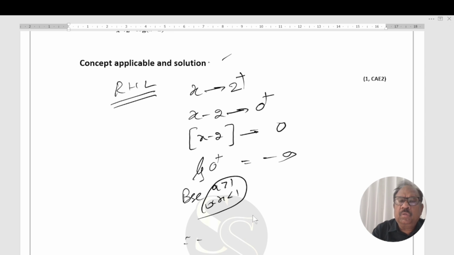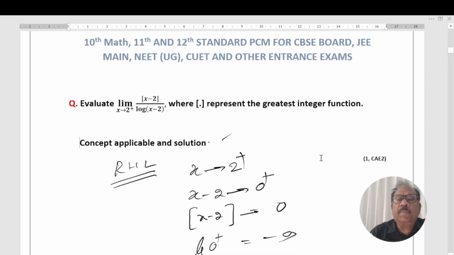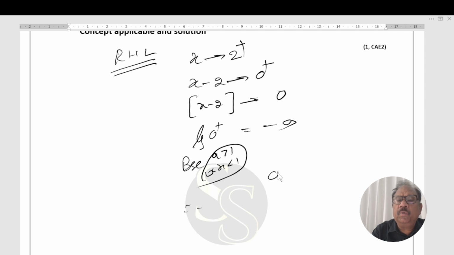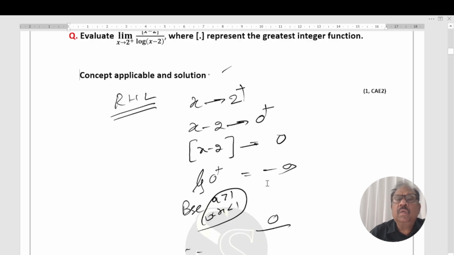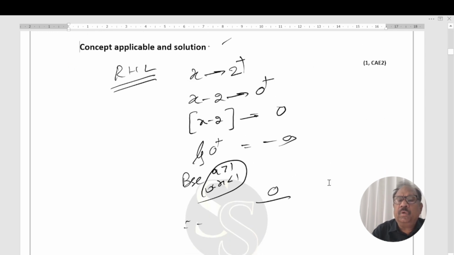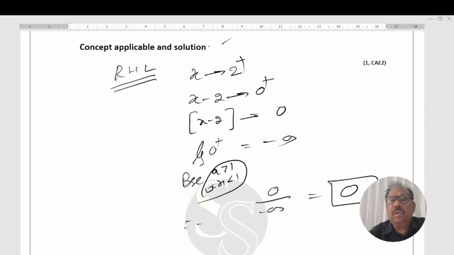Therefore, on substituting the limits, we get 0 upon minus infinity, that is 0. This is the answer. Right? Next question.